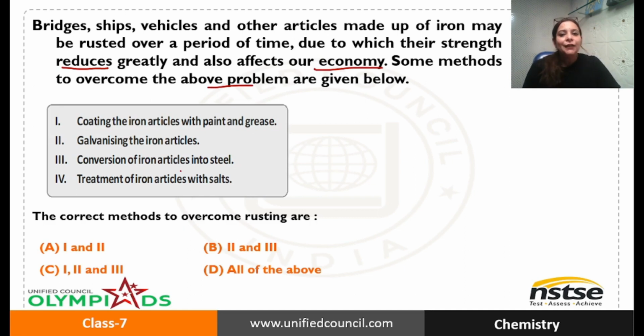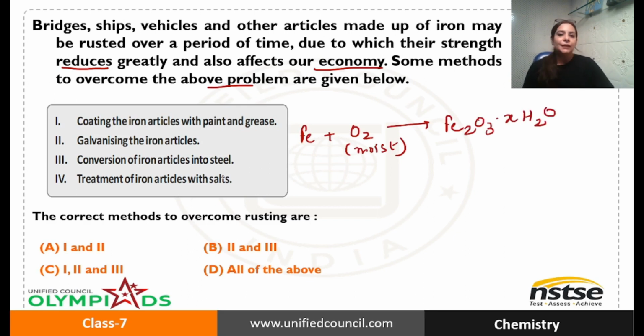So before reading the options, let me recall the concept. See, when iron comes in contact with moisture, it develops a reddish brown layer which is rust, and it is chemically Fe2O3.xH2O. So anything which prevents the contact of iron with moisture will be able to prevent rusting.